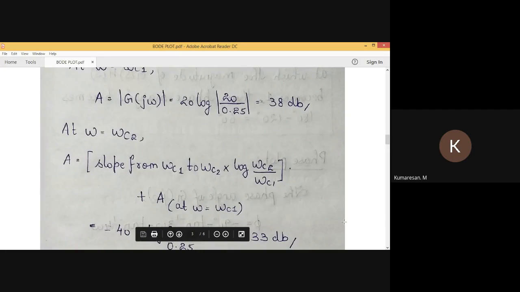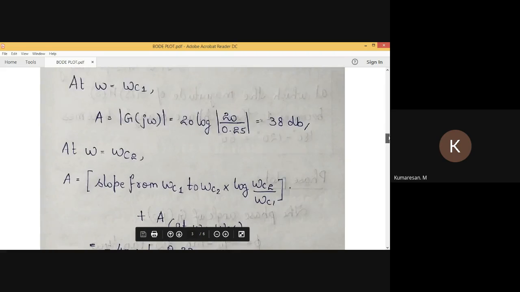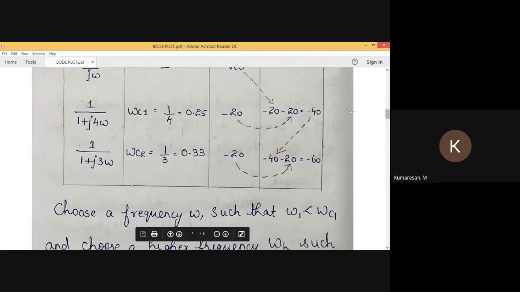So now we are going to substitute the values. The slope changes from omega c1 to omega c2: how much? Minus 40. It starts changing from the second to the third.